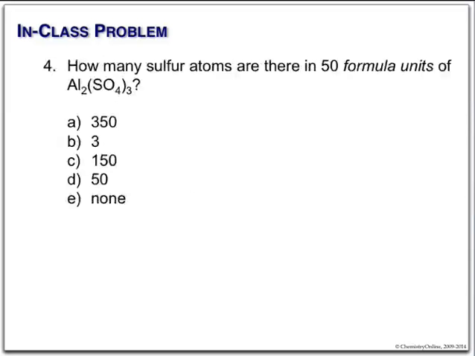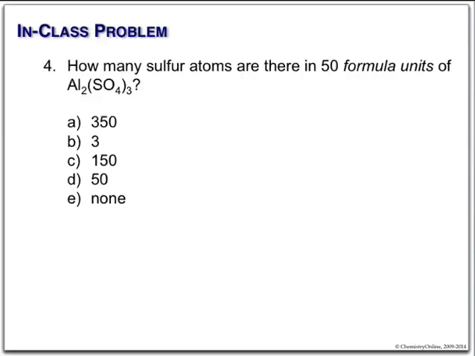So look at this and answer the question. If we had 50 of these, how many aluminums would we have? Well, there are 2 in every one, right? So therefore, there would be 100 aluminums. Now, what does this thing in parentheses mean?